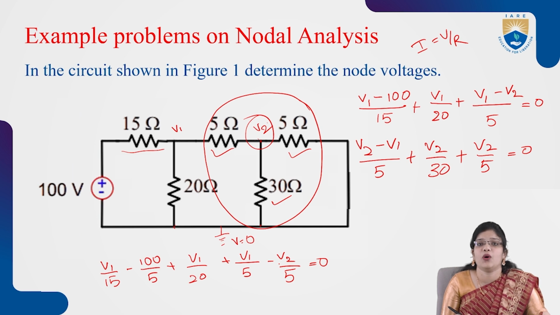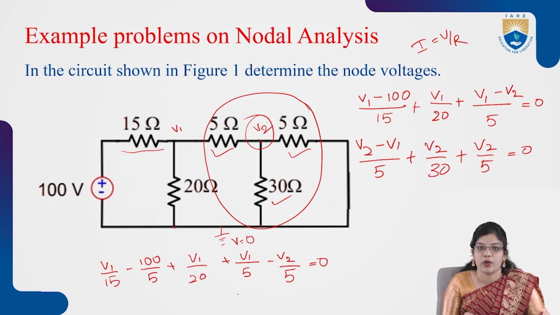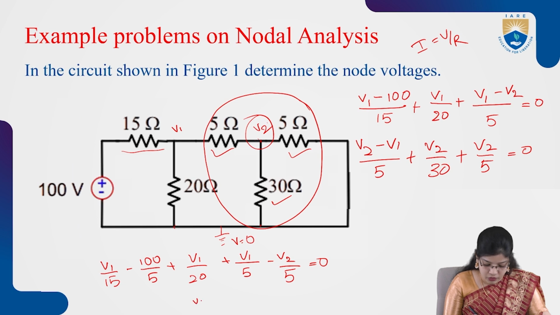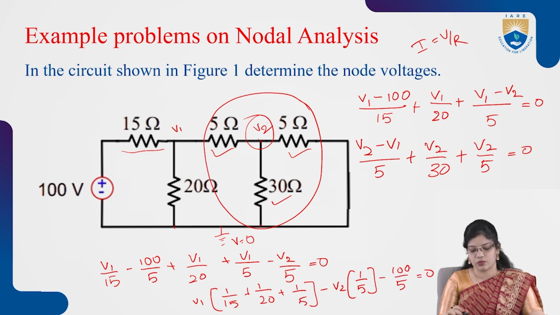Now I am taking out the common terms. That means V1 I am taking out, and V2 also. V1 into 1 by 15 plus 1 by 20 plus 1 by 5, minus V2 into 1 by 5, minus 100 by 5 equals 0.